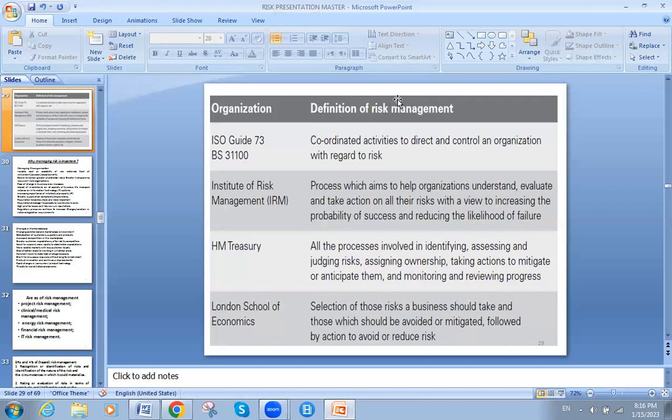So here, definition of risk management: coordinated activities to direct and control an organization with regard to risk.